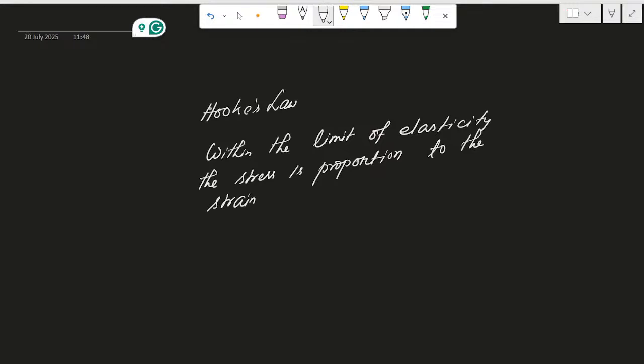You know the limit of elasticity. Already we have discussed the elastic limit. So up to that limit of elasticity, the stress is proportional to strain.